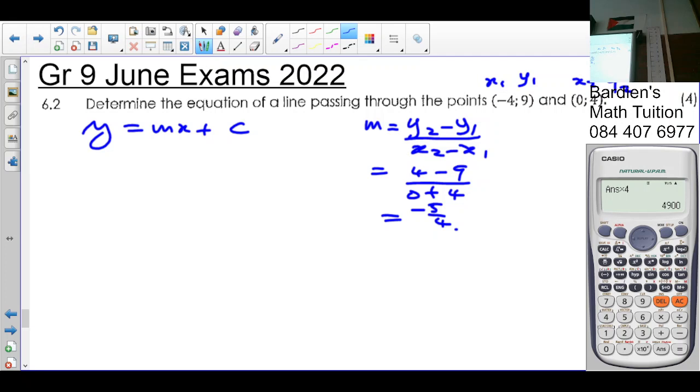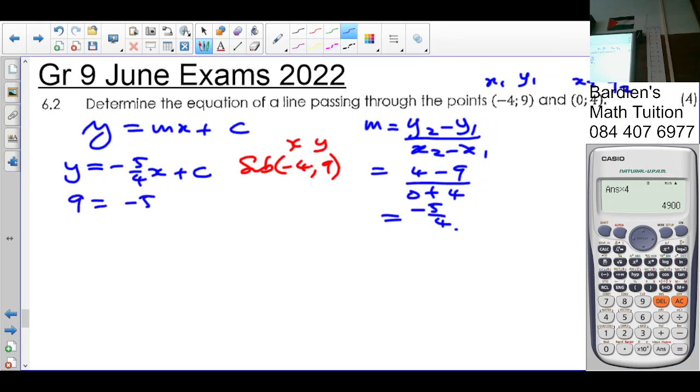Now we say y is equal to negative 5 over 4x plus c. To calculate c, I need to substitute a point that's lying on this graph. We have 2 points, so I'm just going to substitute the first point, negative 4 and 9. Remember that's an x and a y. So we've got 9 is equal to negative 5 over 4 times x, which is negative 4, plus c.